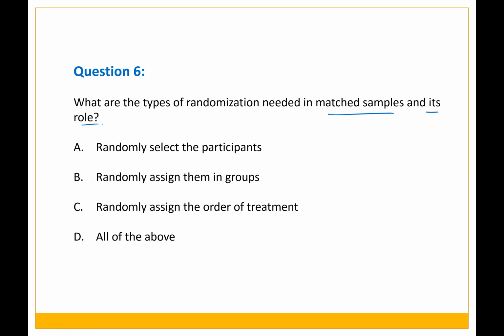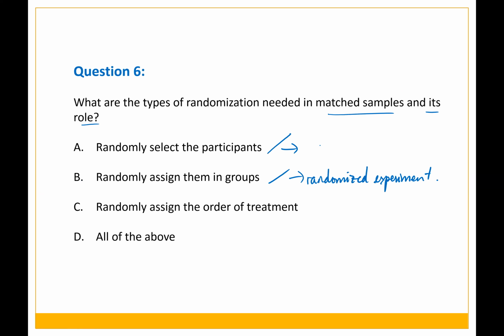When we have matched pairs, not only do we have to choose the subjects randomly, so first one, randomly select the participants. Second one, randomly assign them to groups, also correct, because that's the general idea of a randomized experiment, when you put them in different groups randomly.